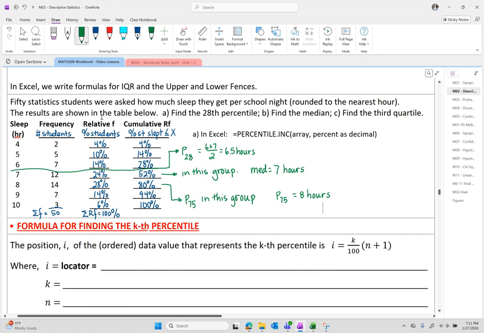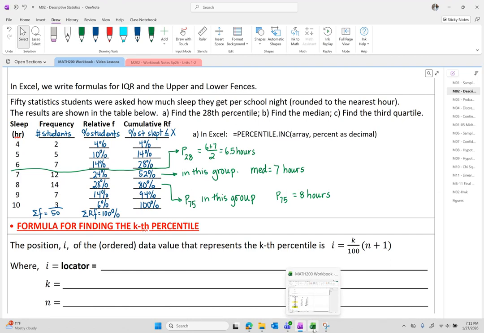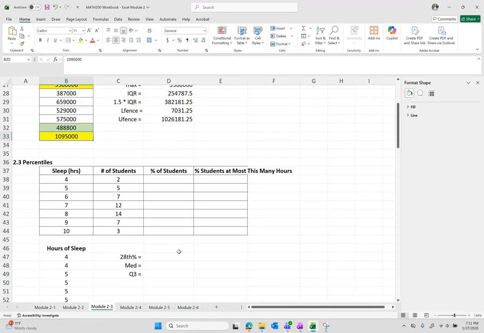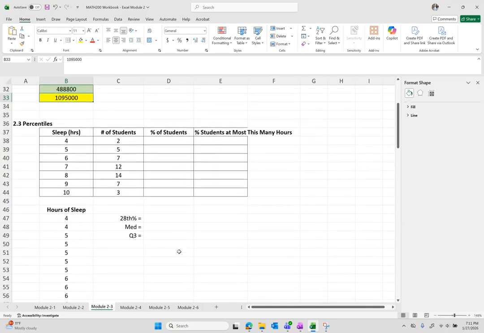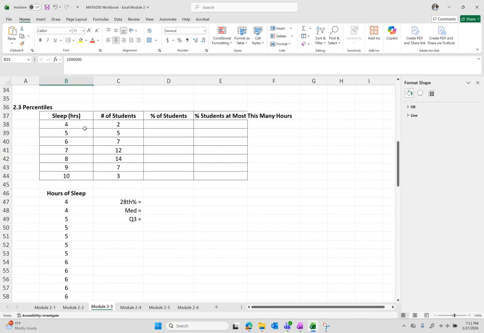Now, how do I do that in Excel? In Excel, if you want to use formulas, you have to have raw data. That means that these data values 4, 5, 6, 7, 8, 9, and 10 must be written out as many times as they were answered.